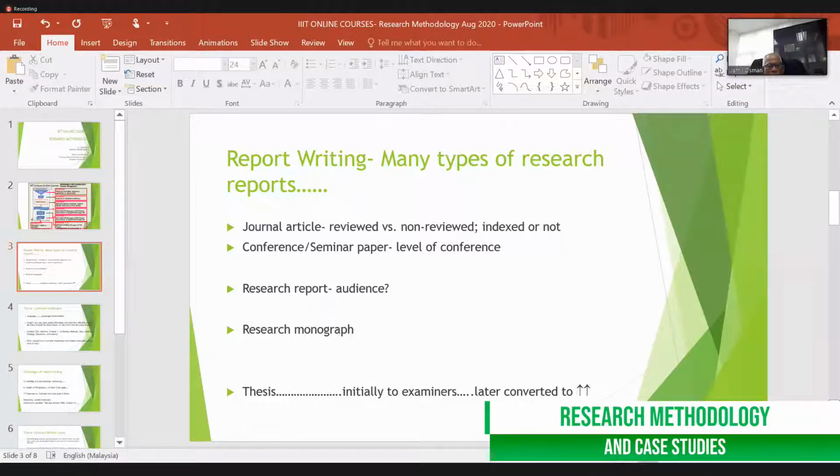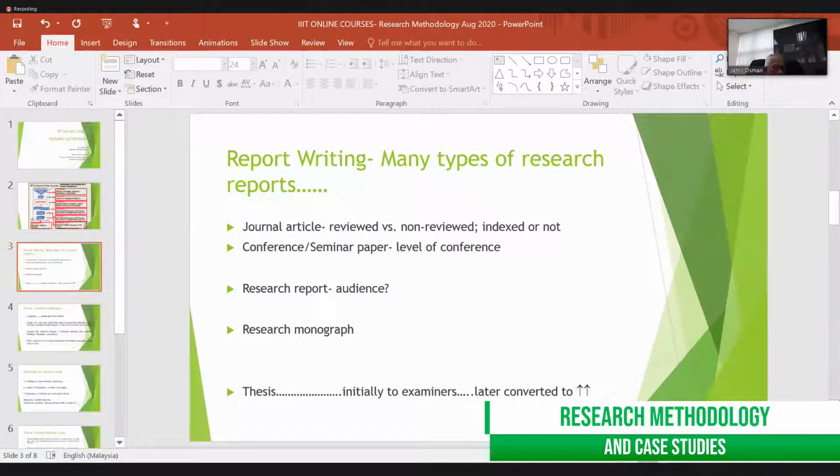The thesis is later converted into, in the old days, you write your thesis first, and then you convert your thesis into journal articles, or you present a conference paper, or you write a report, or you write a monograph. Today, I believe many universities are actually requiring you to write a journal article as part of your PhD requirement, or they will ask you to present conference papers.